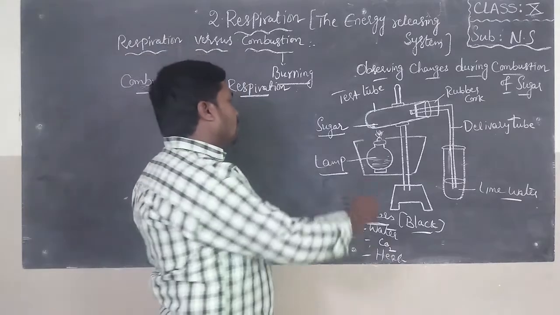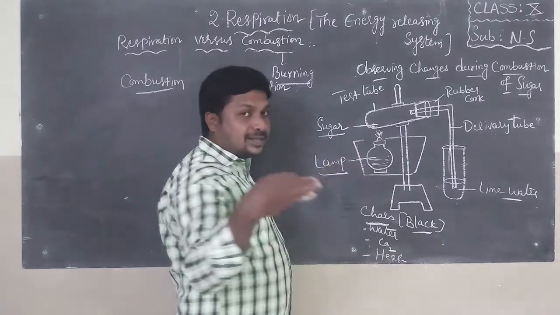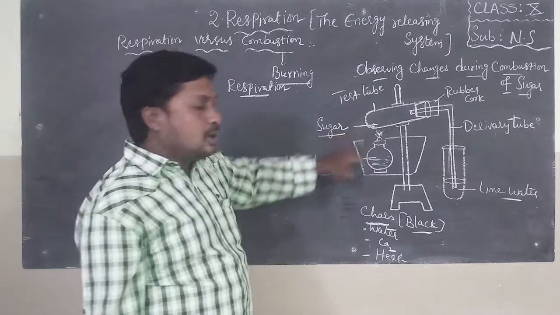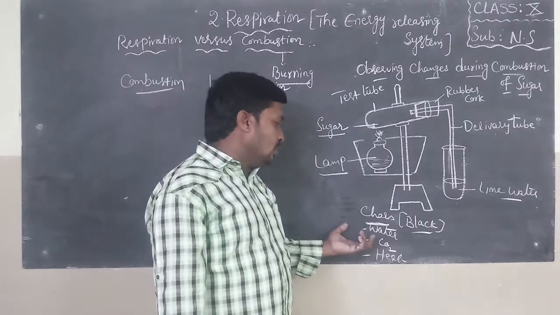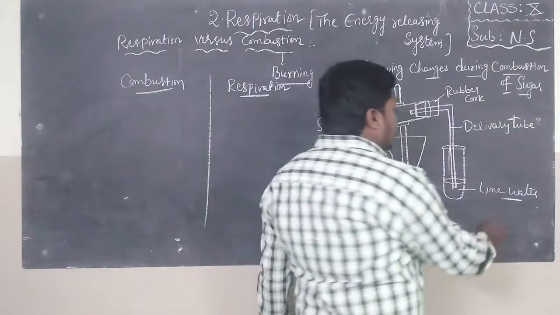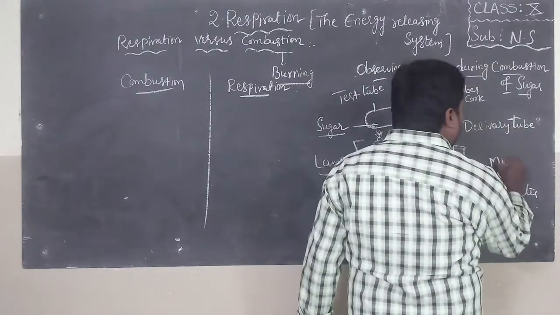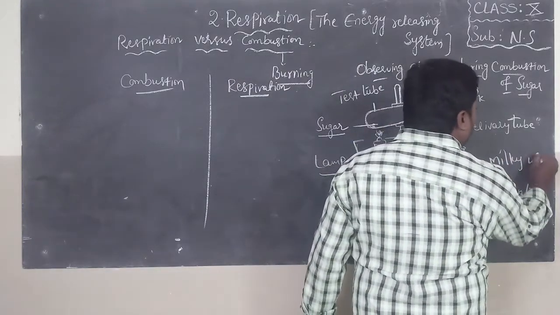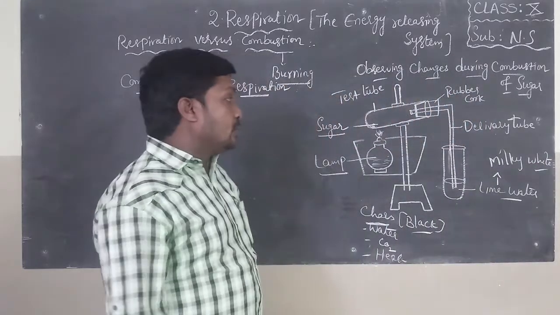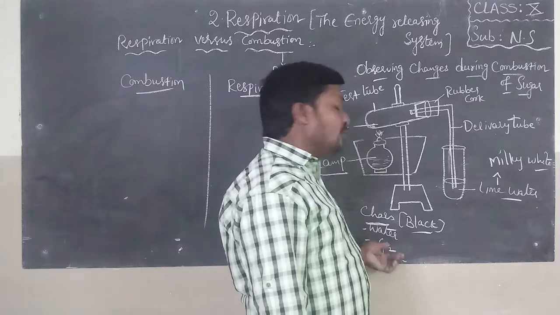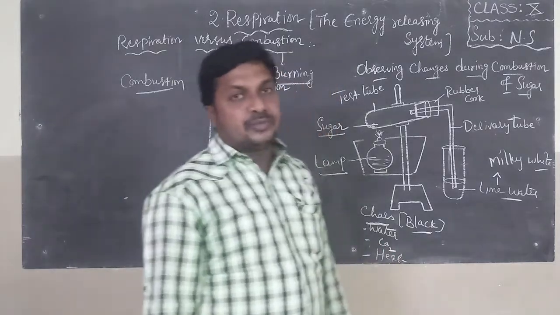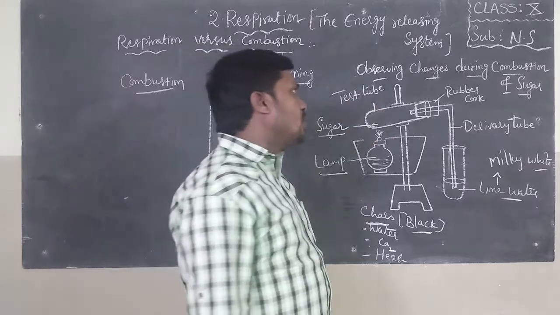The sugar first chars, later catches fire, and produces water, CO2 and some heat. This CO2 turns the lime water milky white. So these are the four fundamental changes you can find in the combustion of sugar.